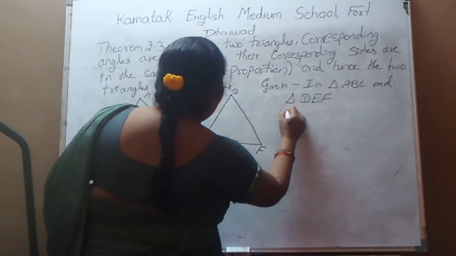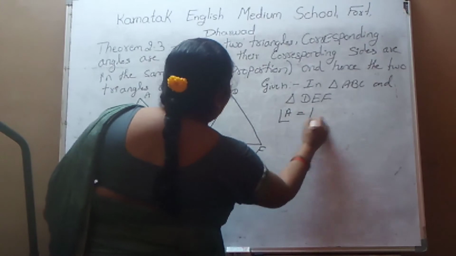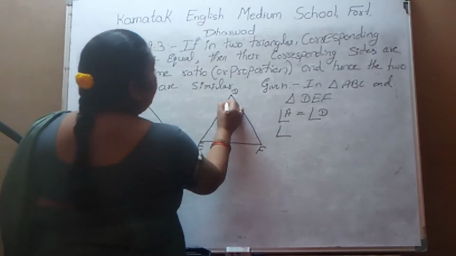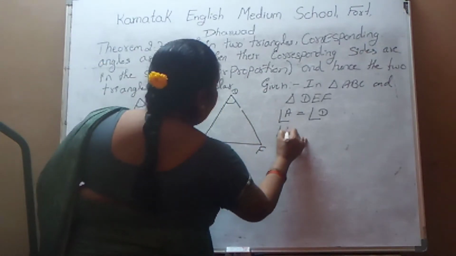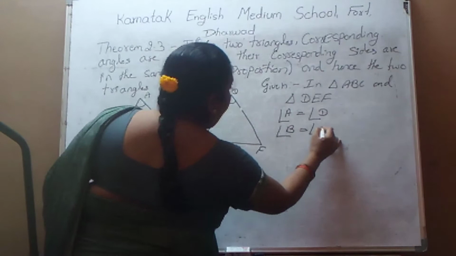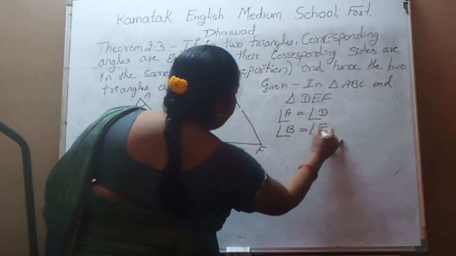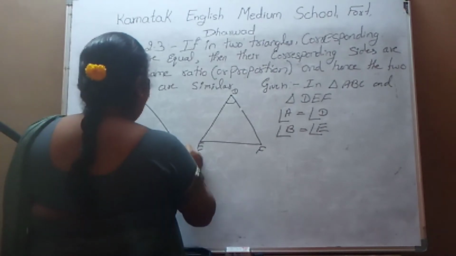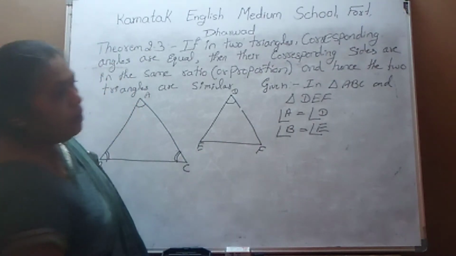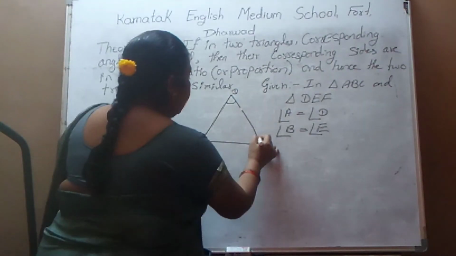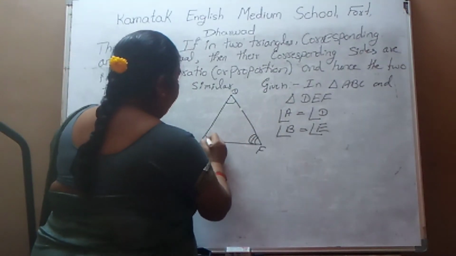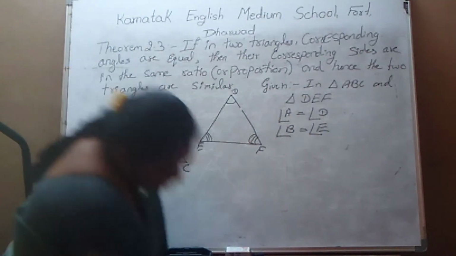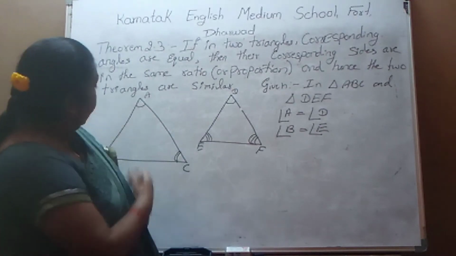Means angle A equal to angle D, angle B is equal to angle E, and angle C is equal to angle F. They are given. What can you prove here?